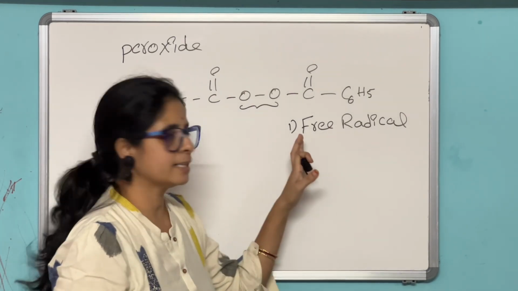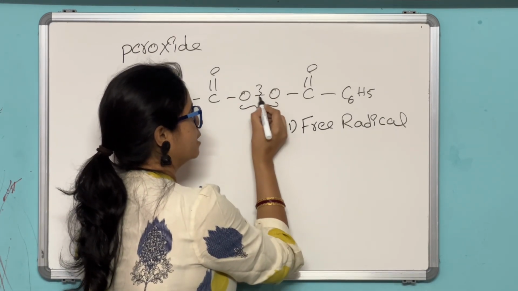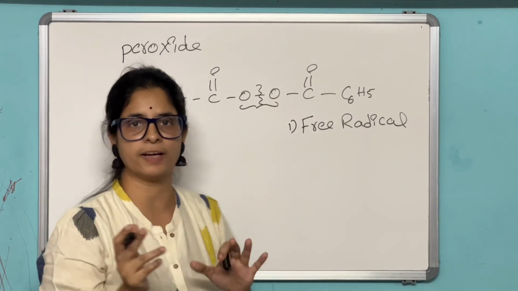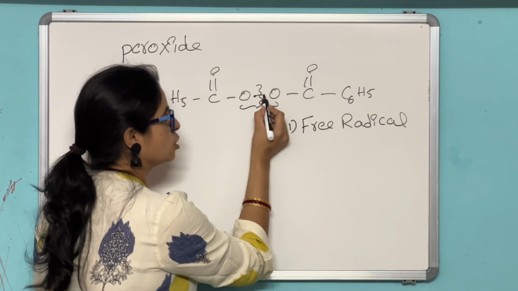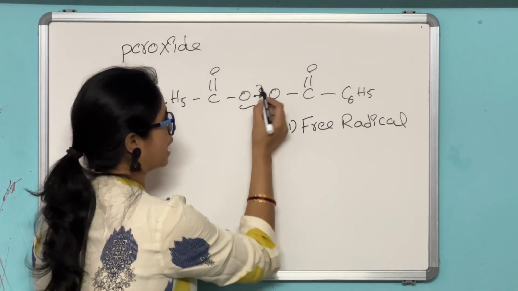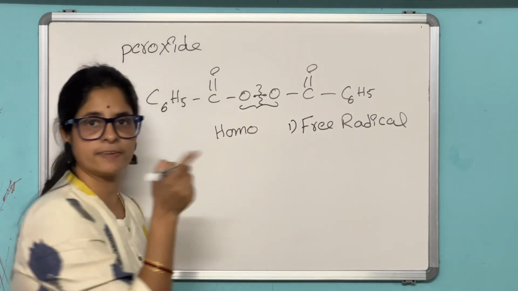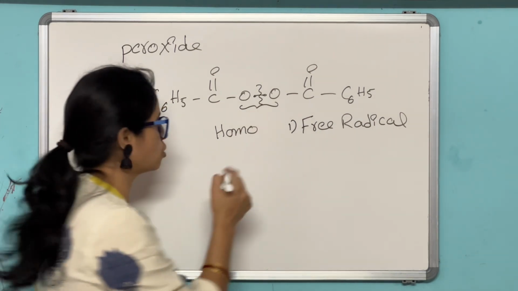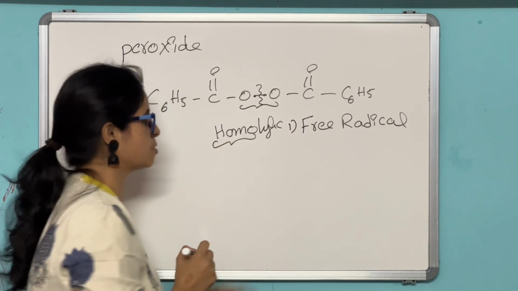So this reaction takes place in presence of sunlight. The breakage of this bond equally. One bond means 2 electrons. So here if you break this with a homolytic cleavage. In the last class I have discussed heterolytic cleavage, no? So homo means same, equal distribution.